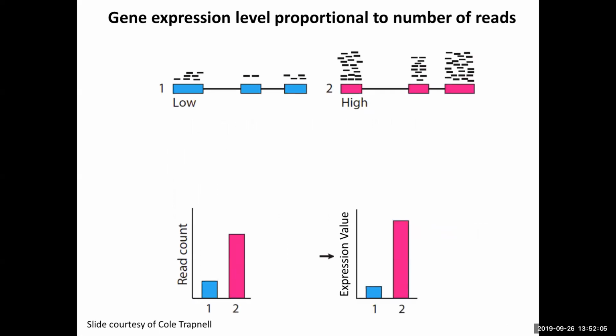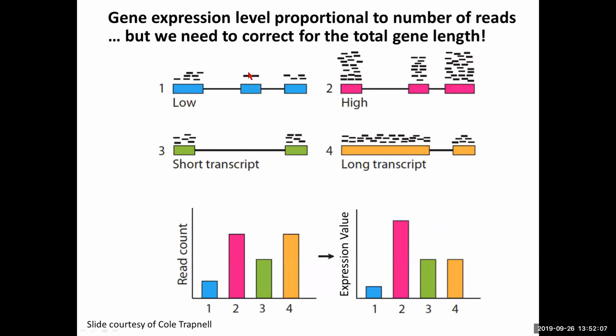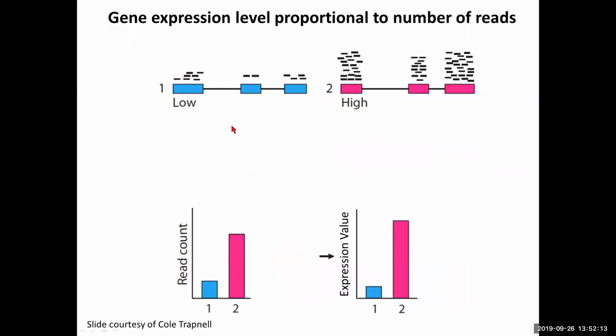And the idea is the following. You basically have two different transcripts, one short and one long, that both map to the same location. Let me just back up just one second. You have here two different splice forms that are mapping to the same region of the genome.